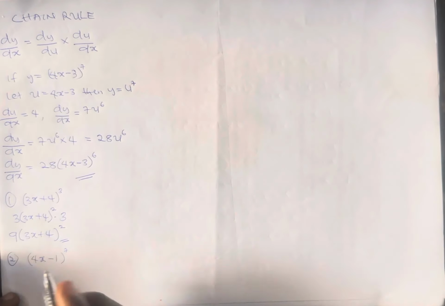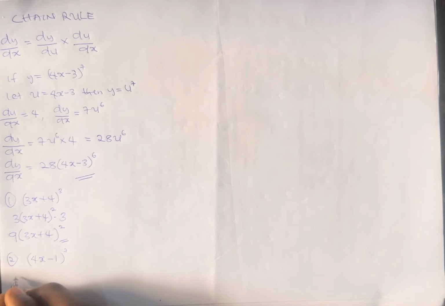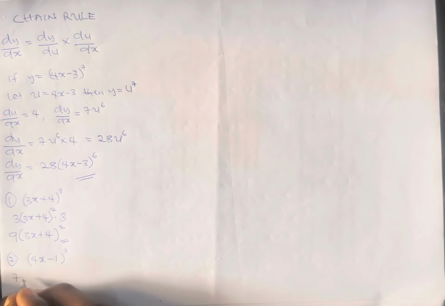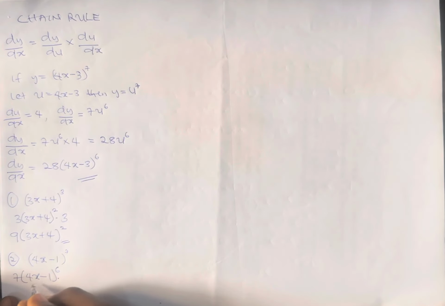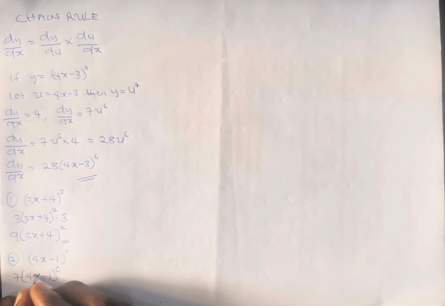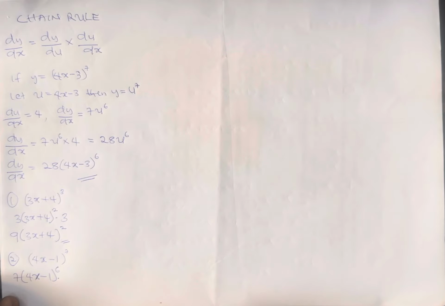Here we'll see you drop the power first. 7(4x minus 1), then minus 1 from the power, we have 6, multiplied by the derivative of what is in the bracket, because it's a function of a function, where you have a function in another function. So 4x minus 1, we have just 4.